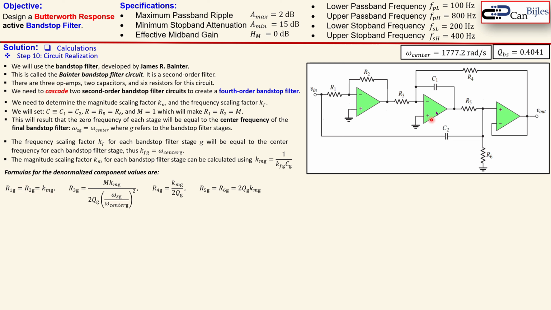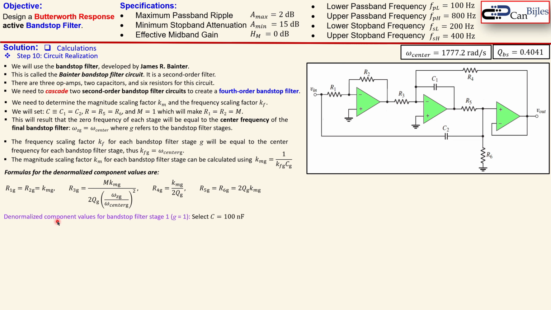R3 is our resistor here, which is given by this, which is again this M1, which is related to R1 and R2, the magnitude scaling factor, and then also the quality factor here, which also has a parameter with the zero and the center frequency for that specific stage, quantity squared. The next one is R4, calculated using this formula, and R5 and R6 were equal to each other. It was given by this formula. So you need these formulas for this specific circuit. It can be different for different circuits.